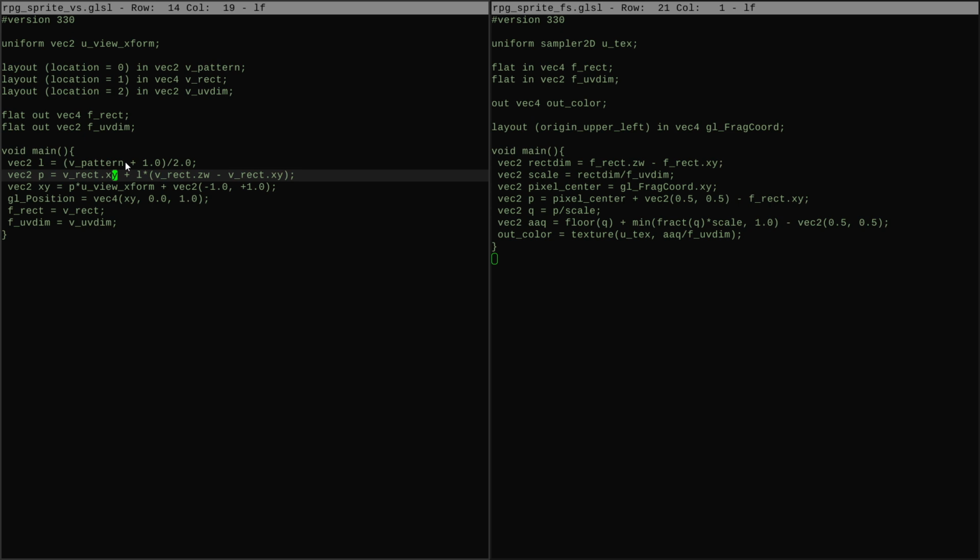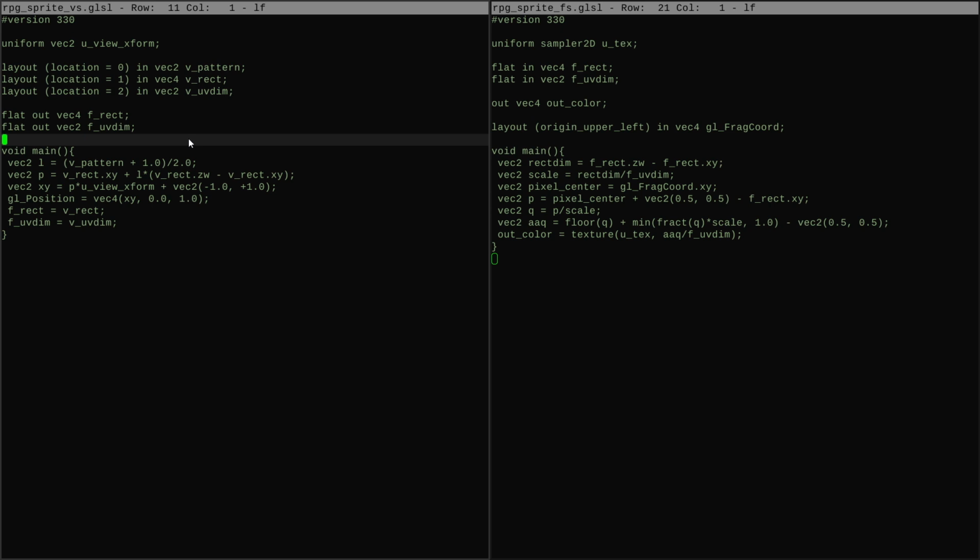I get the 2 triangles that make that square, and then I transform them according to a rectangle which I am passed. And I'm also passed the dimensions of the texture.